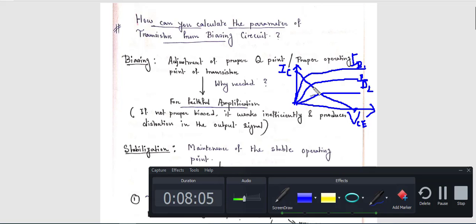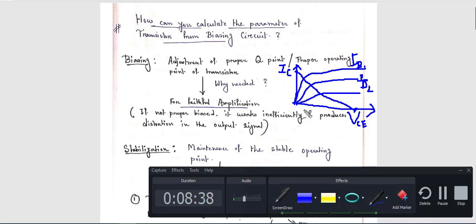So for proper amplification, are all 3 points considered? No. You have to choose the Q point in such a way that it lies in the active region of a transistor. We all know that the output characteristics of a transistor are divided into 3 regions. Which 3 regions? These 3 regions are known as the saturation region, cutoff region, and active region. This portion is known as the saturation region.